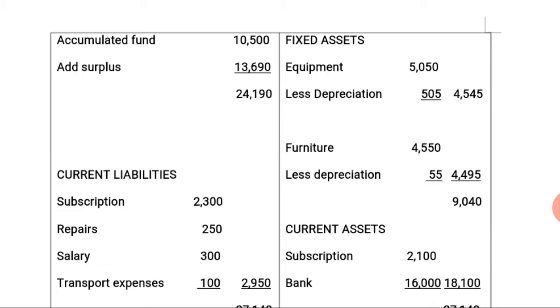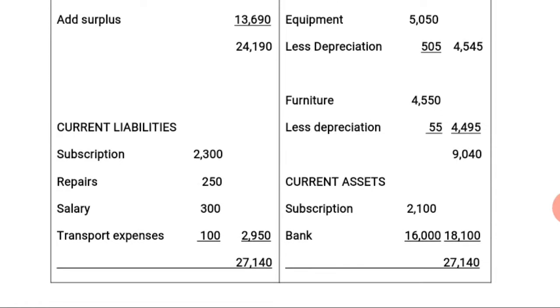Then we have the balance of our income and expenditure account, the surplus, and since it is a surplus, you have to add it to the accumulated fund. So we add the surplus of 13,690 naira to the accumulated fund of 10,500 naira. So we have the total of 24,190 naira as our capital employed, if you want to say so.